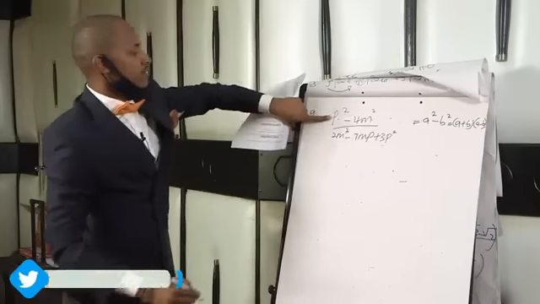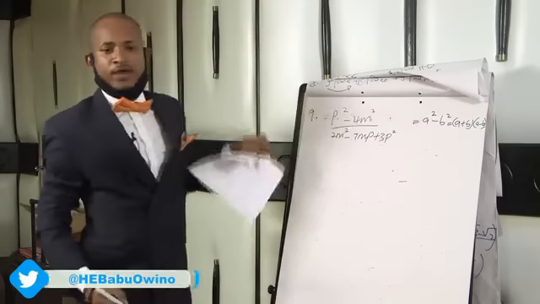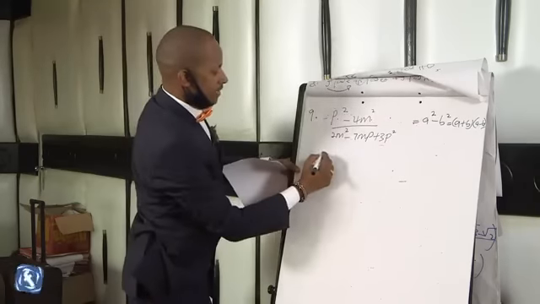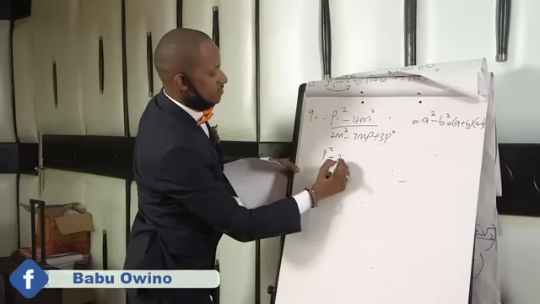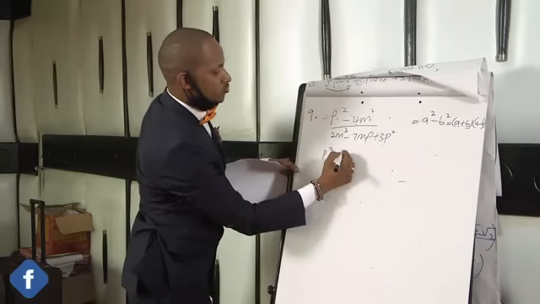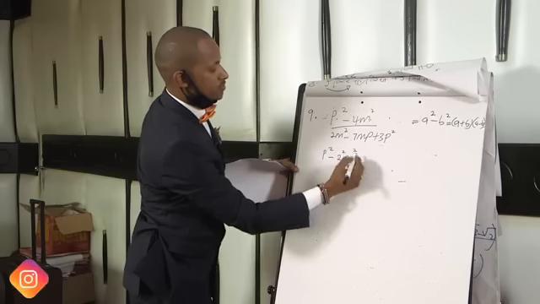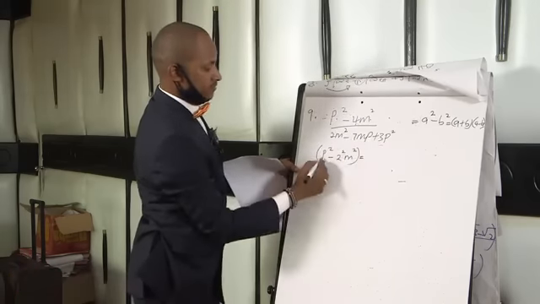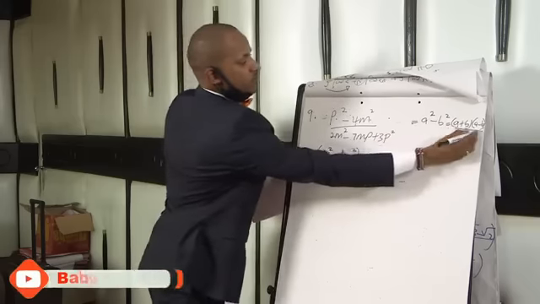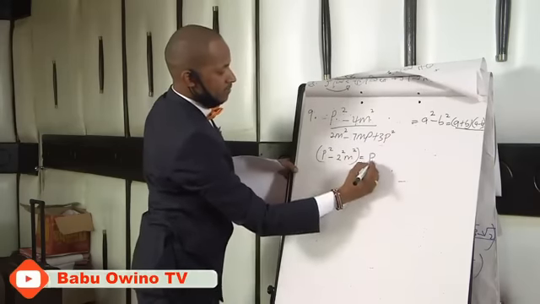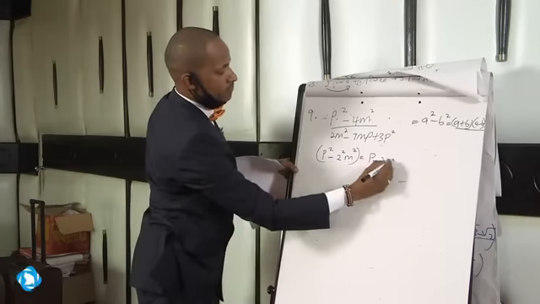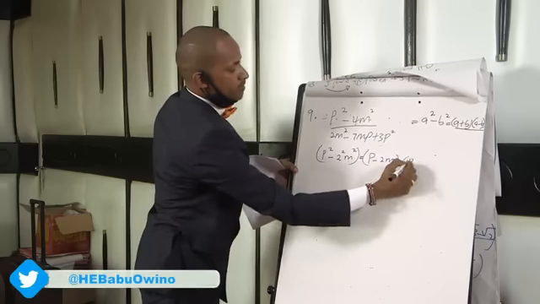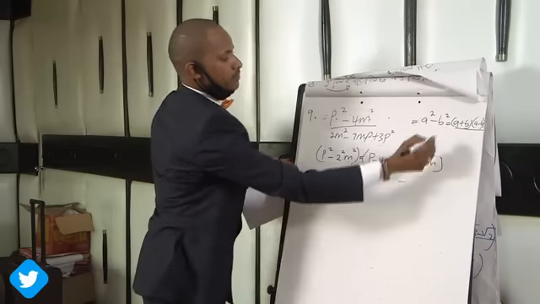Therefore, p squared minus 4m squared, you can see 4 can be written as 2 raised to power 2, m raised to power 2. So when you simplify this with a difference of two squares, you just write p minus 2m into p plus 2m.